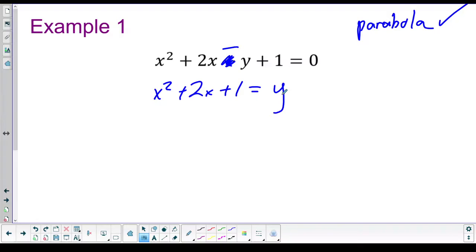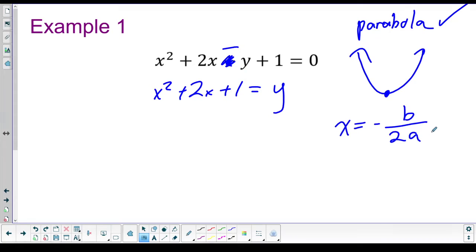Now there's two ways for this problem that we could find our vertex, which, if we look at a parabola, is this point right here at the bottom of the u. It's the minimum. We can use this equation, x equals negative b over 2 times a, if it's in standard form like this.